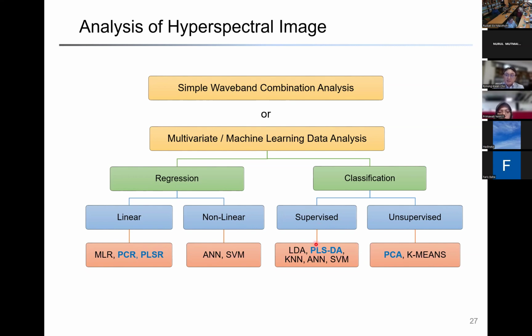Examples are discriminant analysis, partial least squares discriminant analysis, K nearest neighbor, or neural network. Those are supervised models.